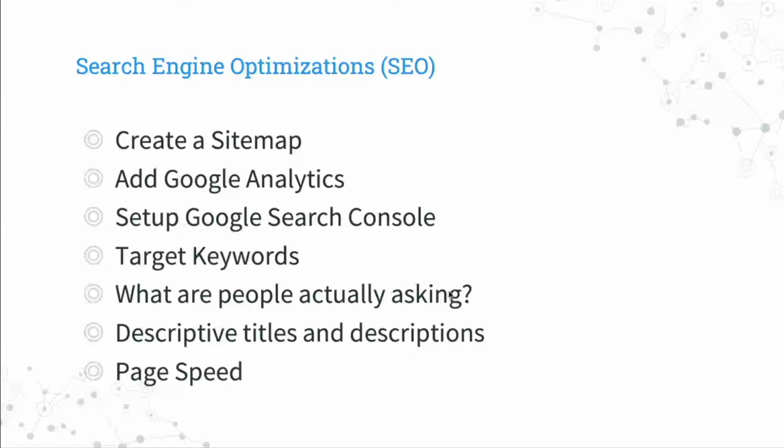Then you have the descriptive titles and descriptions. So I need readable titles that describe the page that I have. And the last thing is page speed, which is how fast people can access my website. If I click on the website in the search, how fast can I access the page?